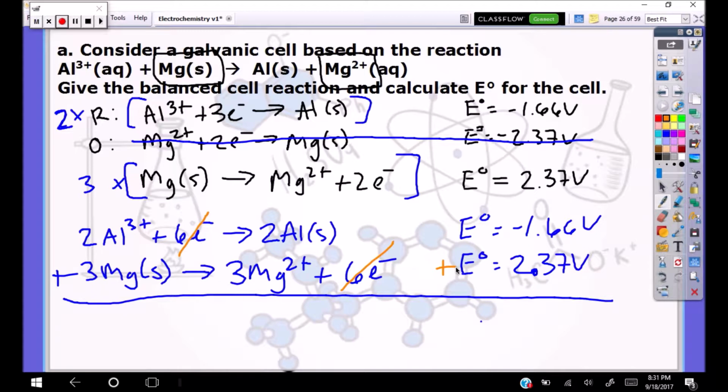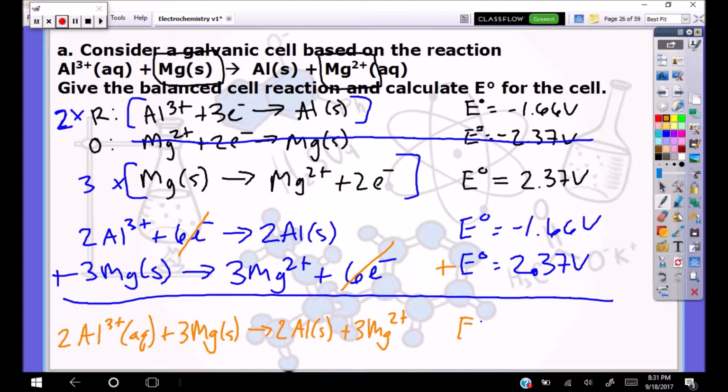So we've got 2 Al3+, that's aqueous, plus 3 magnesium solid, and that gives us 2 aluminum solid, plus 3 magnesium 2+, and when we add these cell potentials together, we end up getting a positive 0.71 volts.